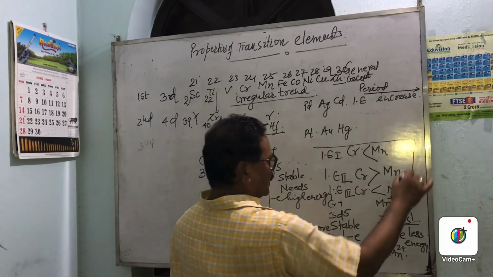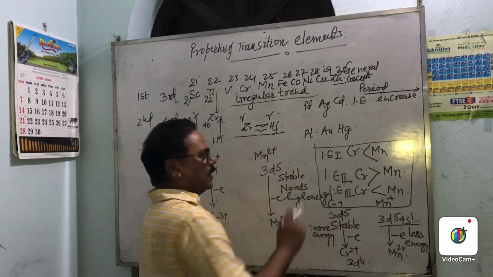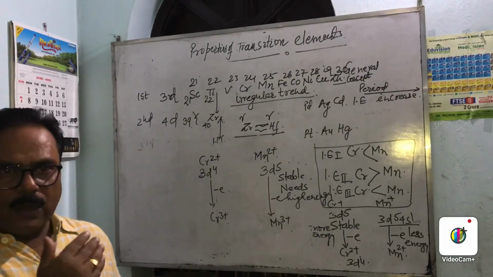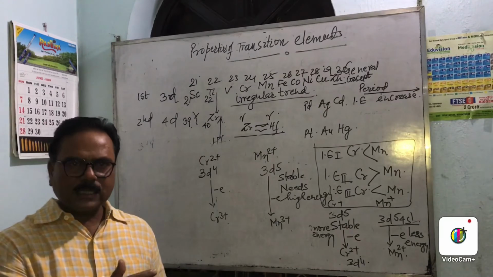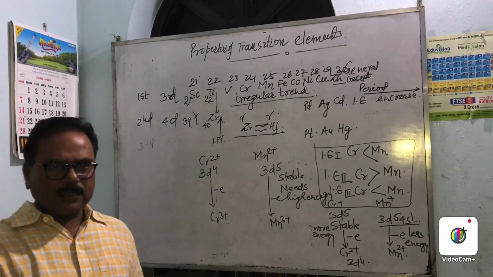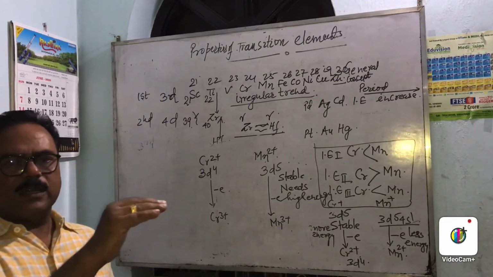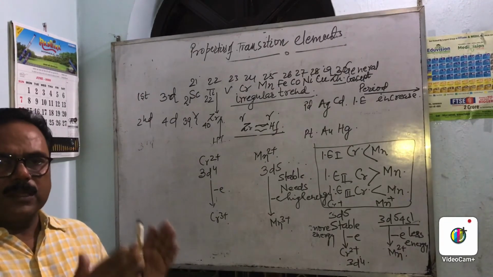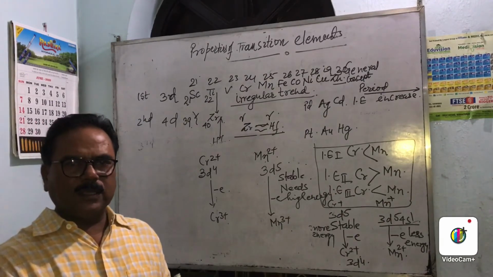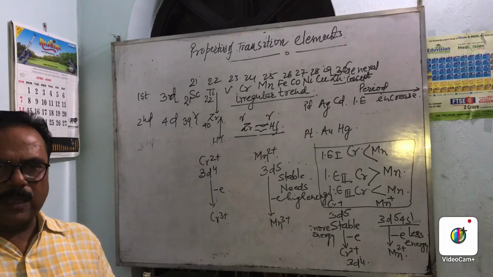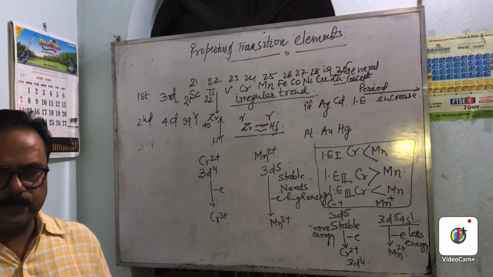So the general concept is that in the transition elements, if we move from left to right, the radius decreases slowly due to lanthanide contraction. That's why ionization energy increases slowly, and zinc will have the highest ionization energy in the third series. It is due to the stable configuration, right?